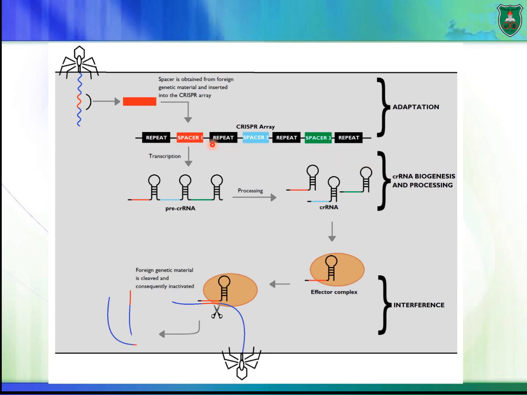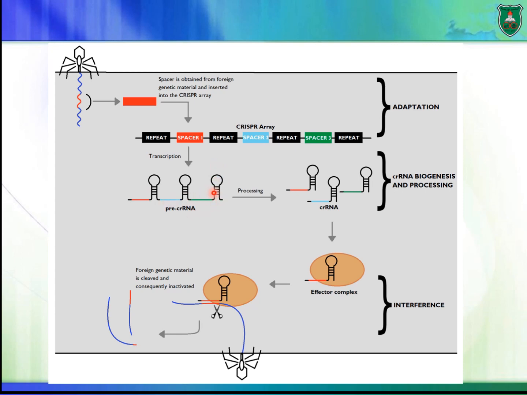So you have different fragments of different bacteriophages inserted into the bacterial chromosome. When a bacteriophage infects the same bacterial cell again, this genetic system is transcribed into one large piece of RNA. It gets processed, and it looks like this because it's palindromic.